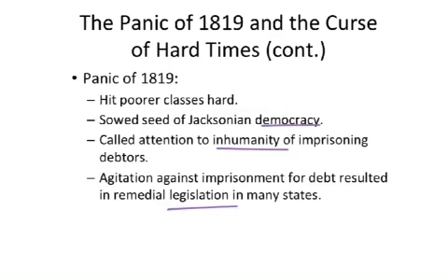In the Panic of 1819, the poorer classes were hit hard. This also sowed the seeds of Jacksonian democracy and called attention to the inhumanity of imprisoning debtors. Agitation against imprisonment for debt resulted in remedial legislation in many states during this time period.